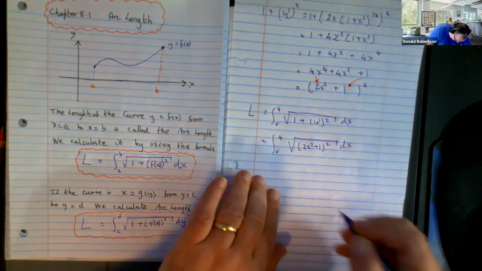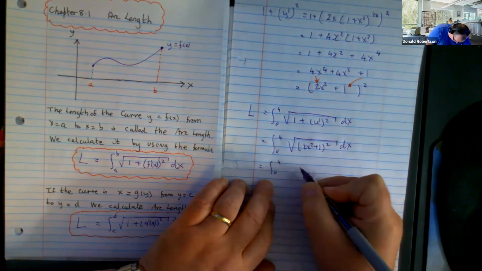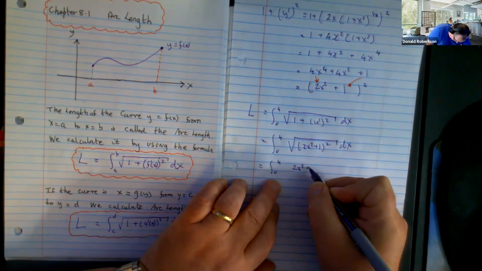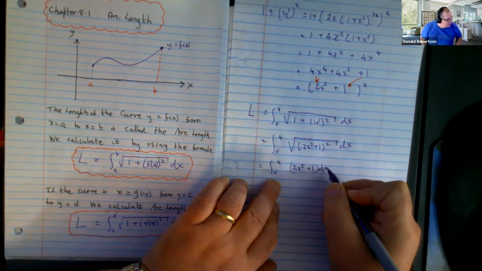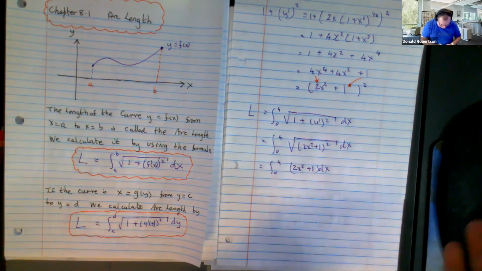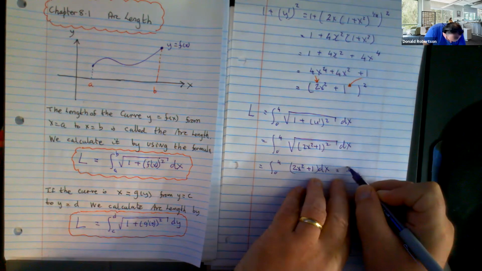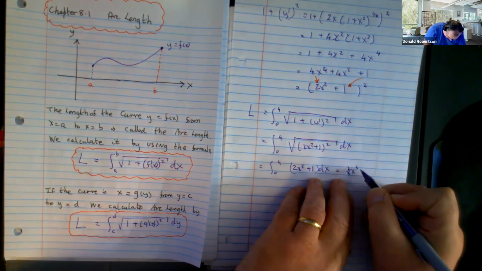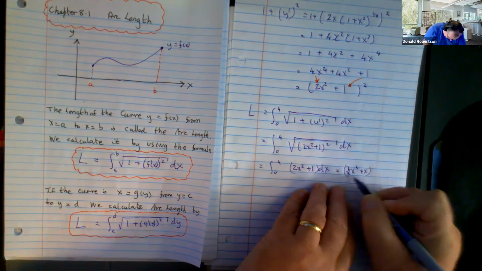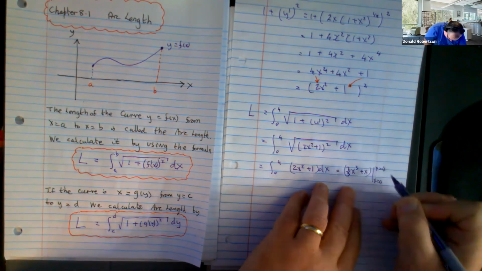So what we get is the integral from 0 to 4 of 2x squared plus 1. Won't the square root cancel out the square? Right? They work against each other. And this fella is add 1 to the power, divide by the new power, evaluated at 0 and at 4.